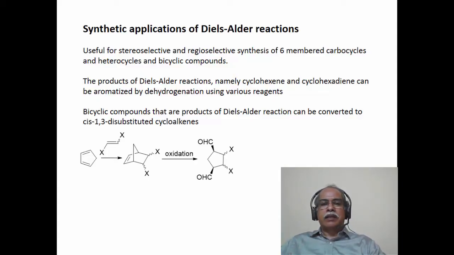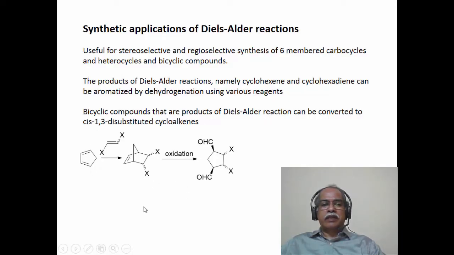The products, namely cyclohexene and cyclohexadiene, can be aromatized by dehydrogenation using various reagents. So it is not that it produces only a cyclohexene ring; it can also produce a benzene ring by a suitable dehydrogenation. The bicyclic compounds produced by Diels Alder reaction can also be converted into cis-1,3 disubstituted cycloalkenes.